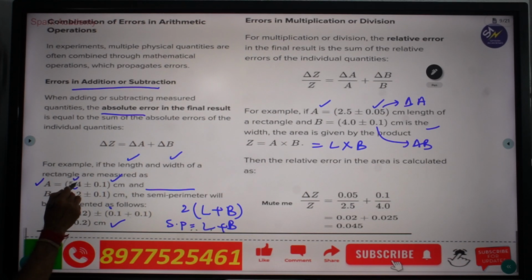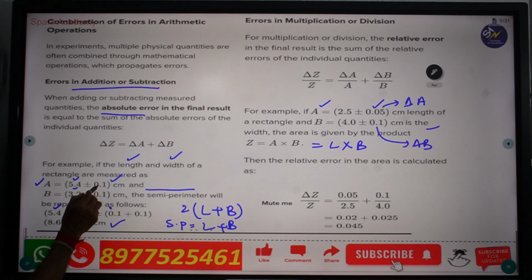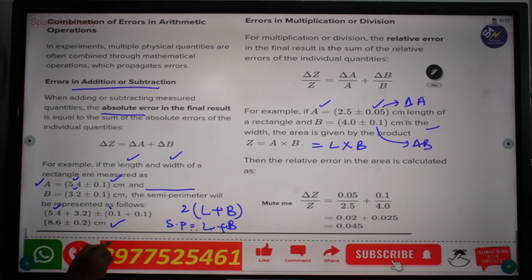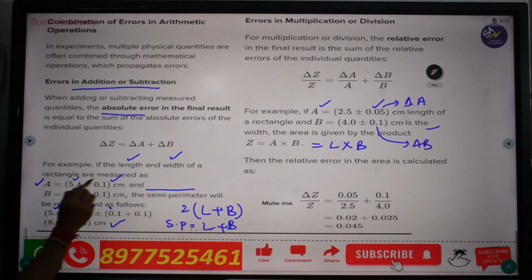This is A, this is del A, this is B, this is del B. So you add 0.1 plus 0.1, which gives 0.2. So the perimeter of the rectangle is given by this particular format.